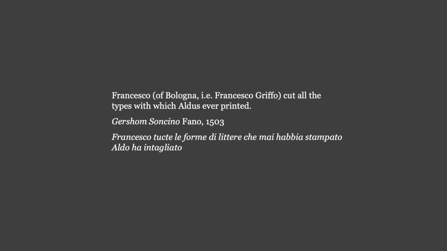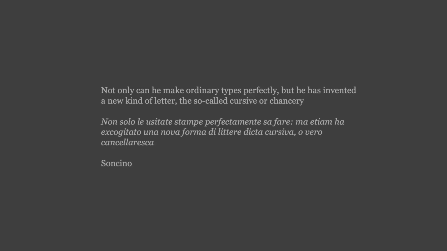So says Soncino, and he was in a position to know. And finally, the praise for his work, which is very rare at this time, and, says Soncino, he invented the italic. So there we have Griffo, to whom we'll return.